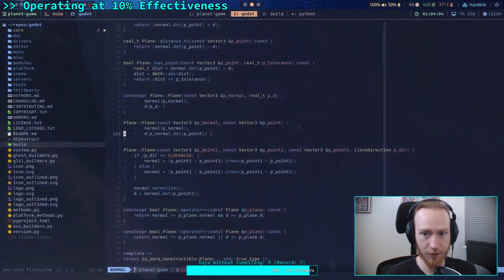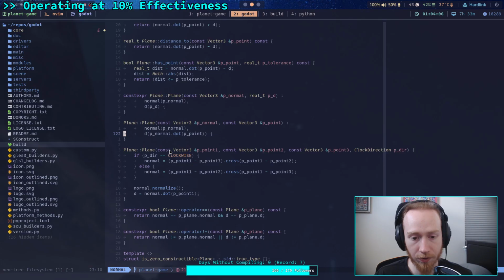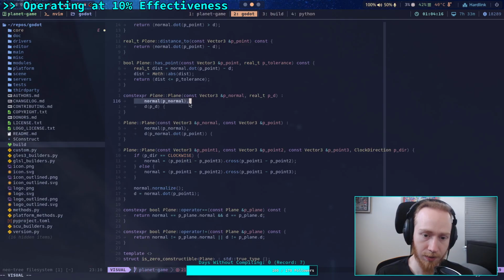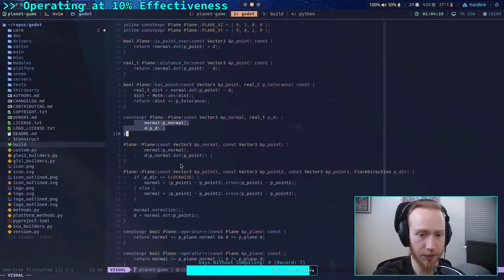Do I have to... It looks like I do because this doesn't... This is a set. Yeah, I have to give it. Which is weird because it seems like you can provide it a normal that is not normalized.